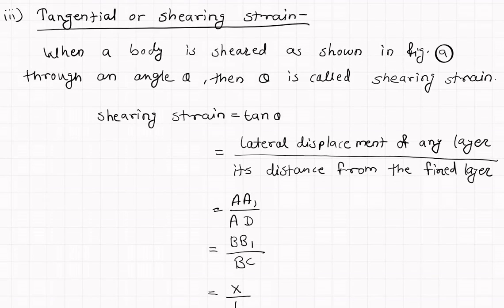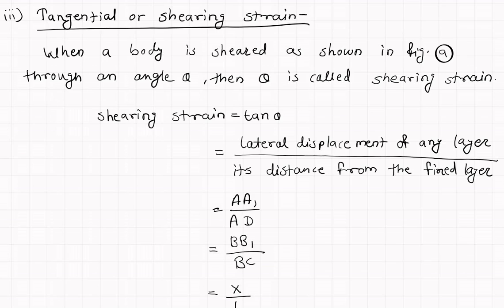Third one is tangential or shearing strain. When a body is sheared, as shown in the above figure, through an angle theta, then theta is called shearing strain. Shearing strain is equal to tan theta, which is equal to lateral displacement of any layer divided by its distance from the fixed layer.